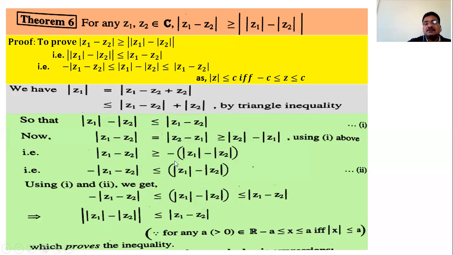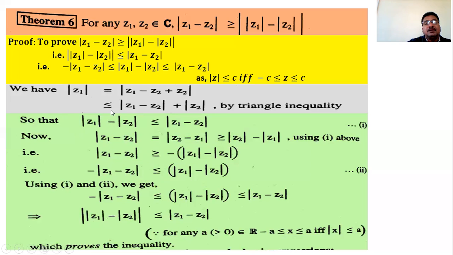So we have |Z1| − |Z2| ≤ ... that is, −|Z1 − Z2| ≤ |Z1| − |Z2|. So this is the proof of this part.